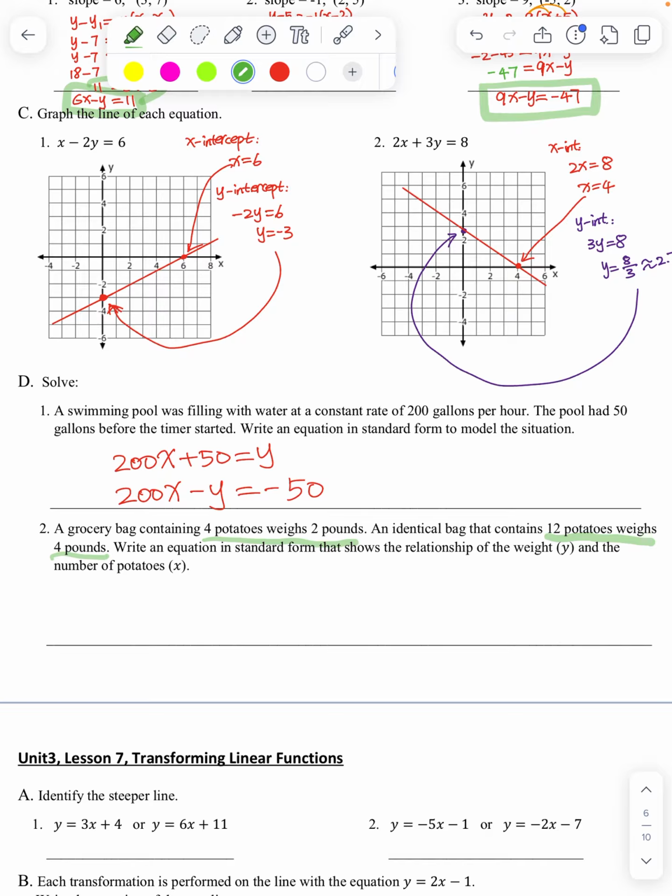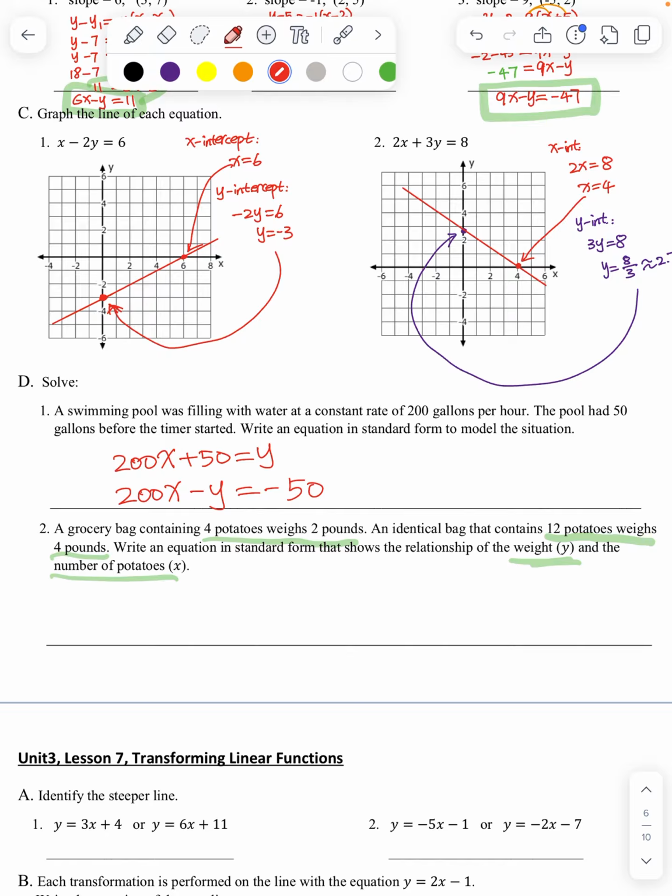So write an equation in standard form to show the relationship of the weight and the number of potatoes. Now we have to figure out the slope. We don't have a slope, right? We have 2 points.